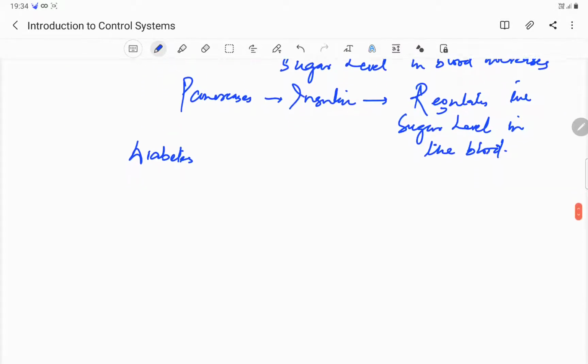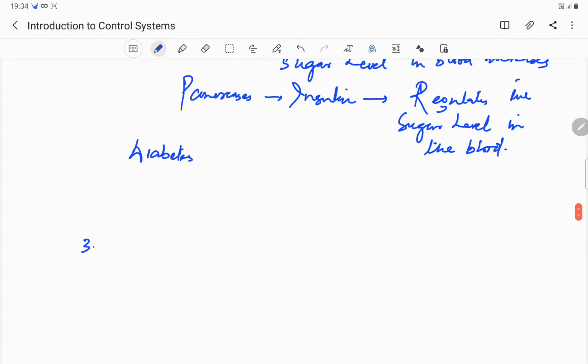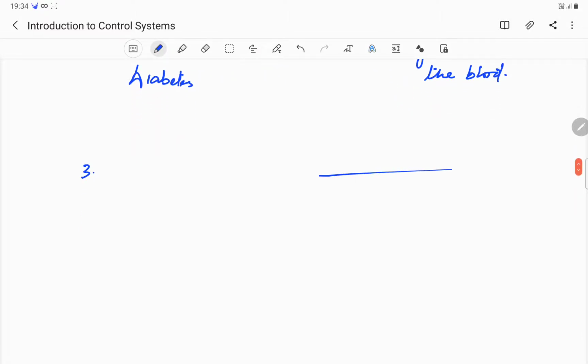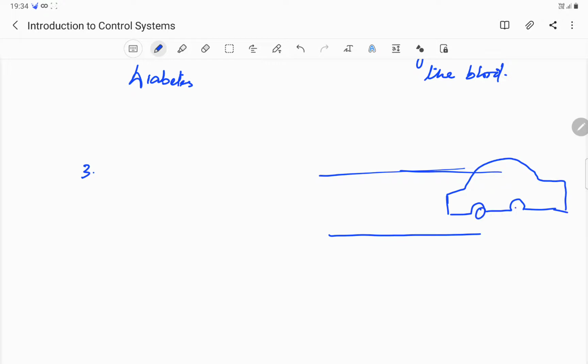Another common example can be, for example, if we have to cross a road, say we have a road and there are vehicles plying on this road. Let's assume this is a vehicle, it's moving in this direction, and you are somewhere here and you want to cross this road.